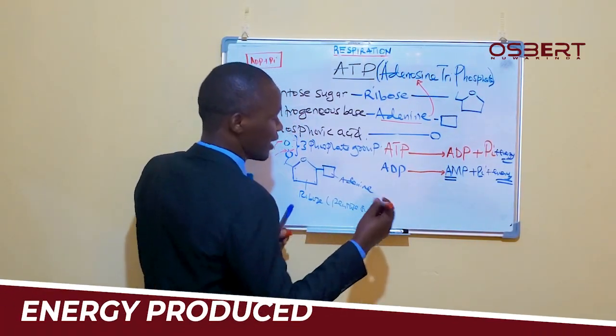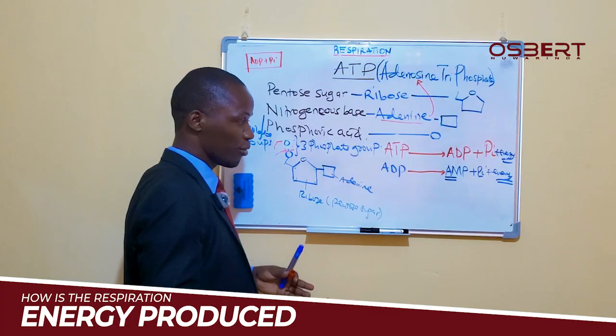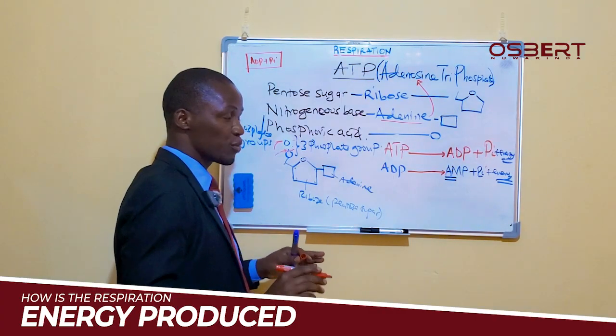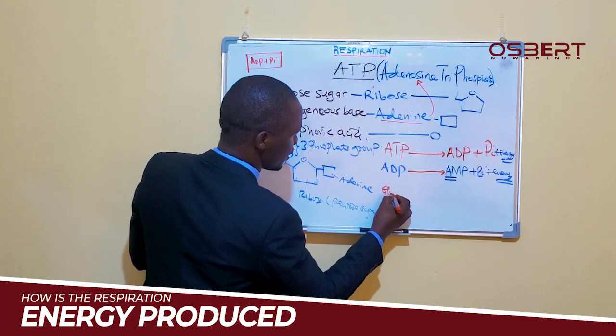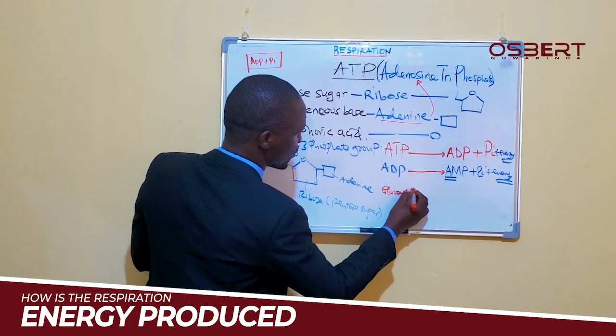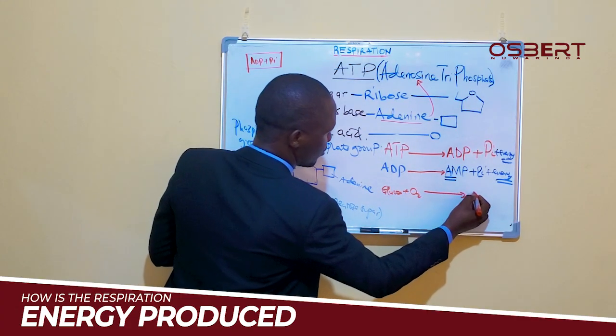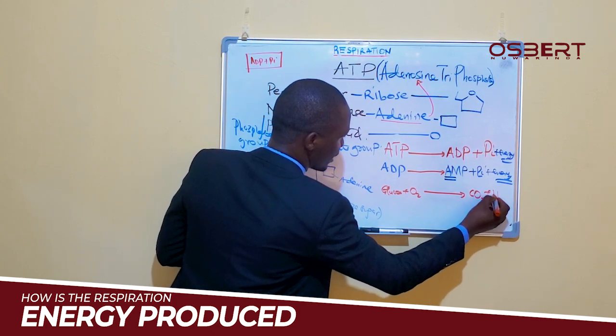In fact, the equation I wanted to draw at first, from the basic respiration we have studied so far, was that glucose combines with oxygen to form carbon dioxide and water.